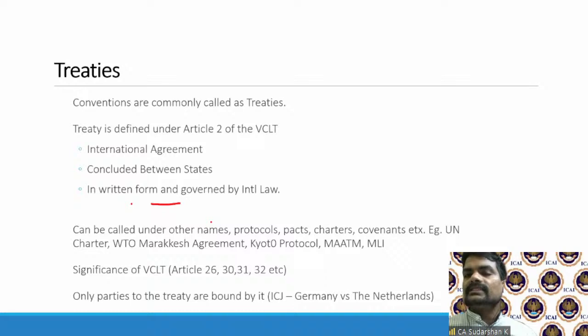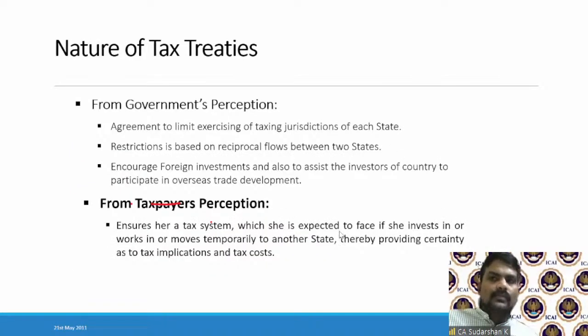What private persons enter are agreements, contracts, frameworks, whatever you call them. But when countries enter, it's called a treaty. Which means tax treaties are entered into by countries, that is India with Netherlands, with Germany, with US, with UK. And India has more than 100 odd treaties.